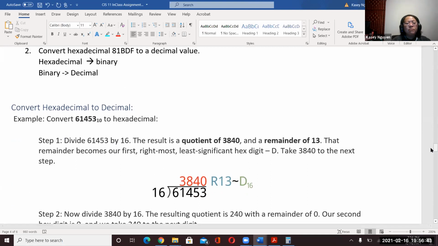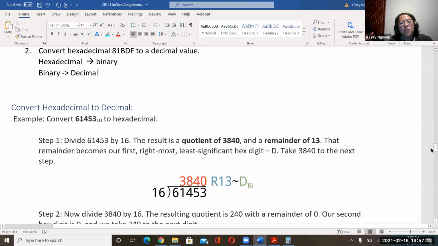When you're going from decimal to hexadecimal, you can divide, and you can go in reverse by multiplying using 16 to the power of n. So let's look at the division method, and then I will show you how to do the multiplication maybe next time.